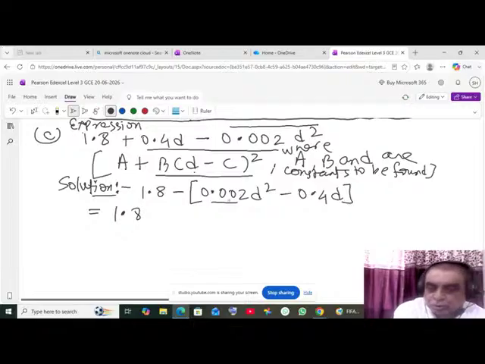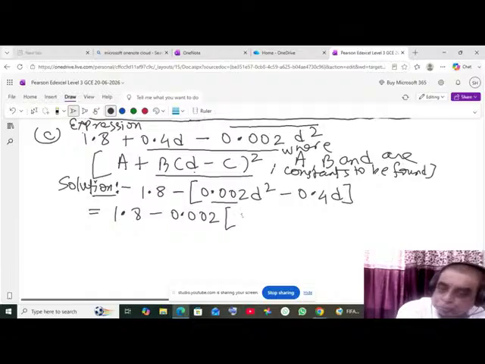So take this common out. We are taking 0.002 out from here, so the coefficient of d squared will become positive 1. That is necessary to make the coefficient of d squared positive 1.